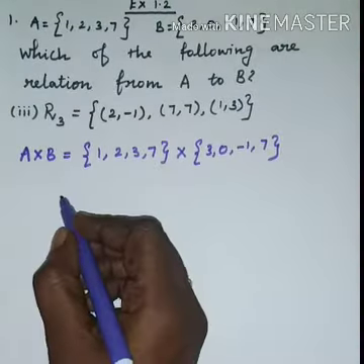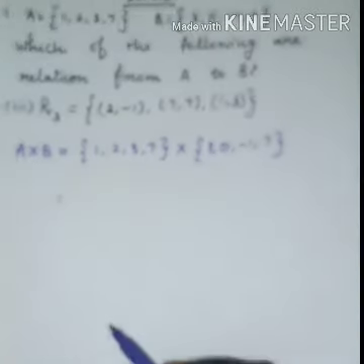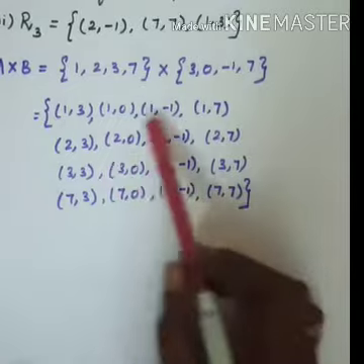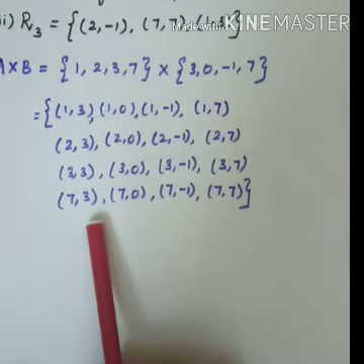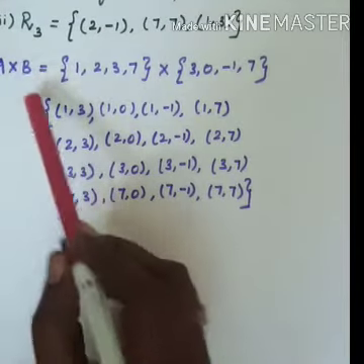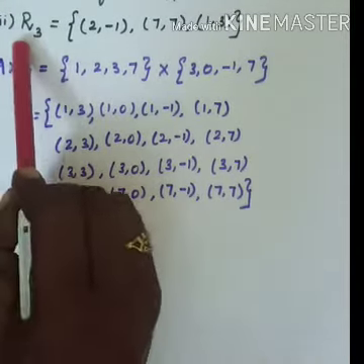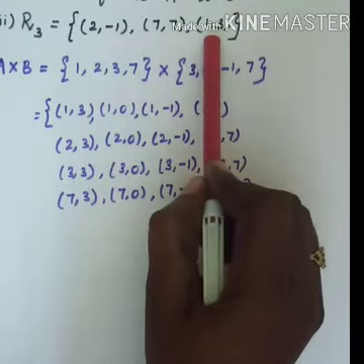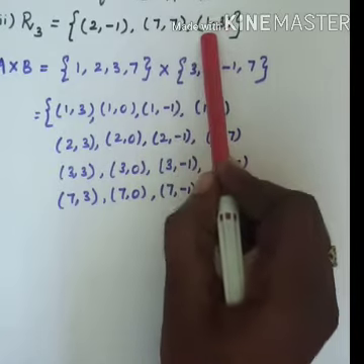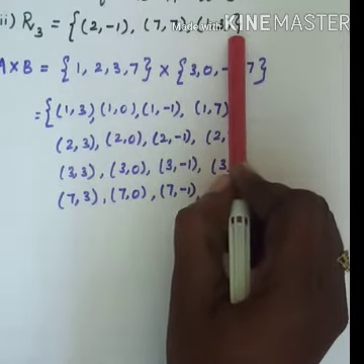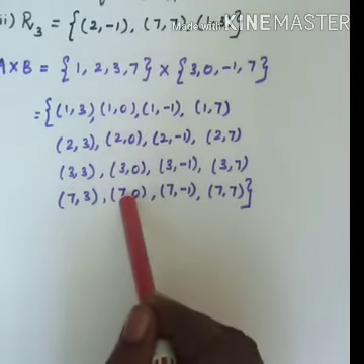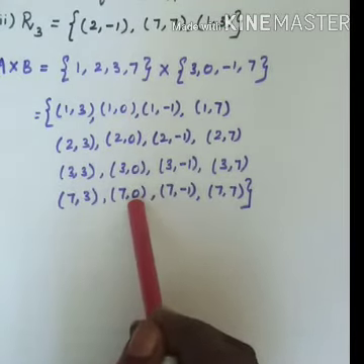Now we have to find the elements of A cross B. All the elements of A cross B are written here. Now we have to check whether R3 is a relation or not. Here R3 has 3 elements: (2, -1), (7, 7) and (1, 3). We have to check whether (2, -1) belongs to A cross B or not.